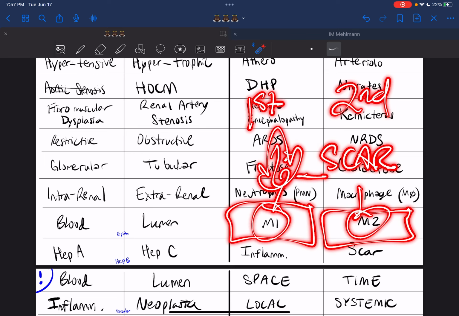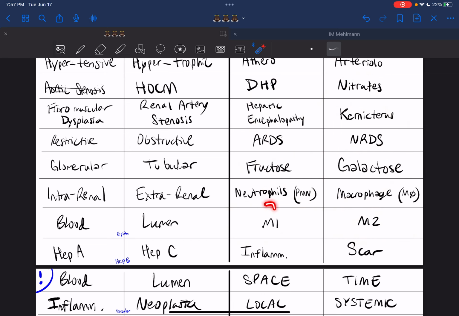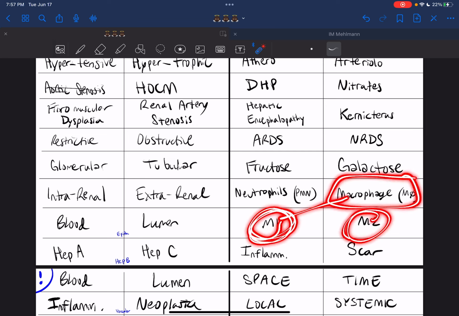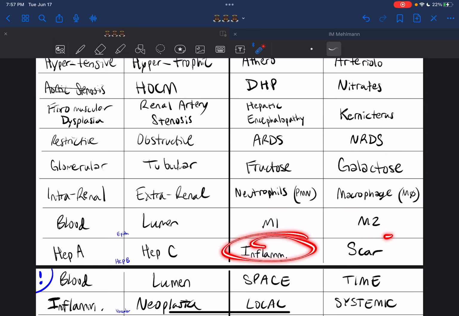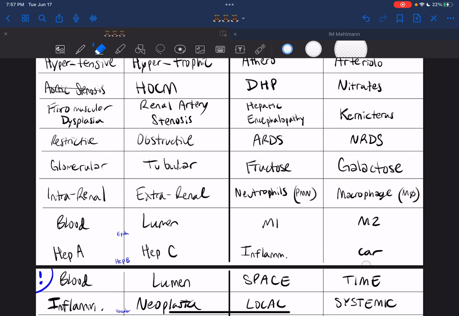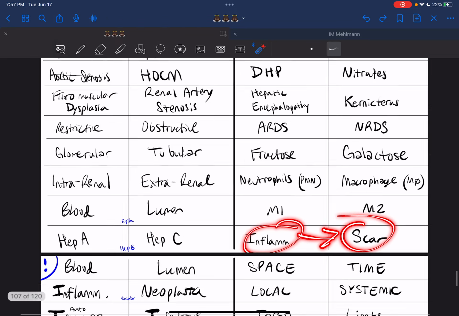Inflammation is always followed by scar. Inflammation first, scar second. So it's acute versus chronic. These are both chronic. This is like acute part of chronic. This is like chronic. And inflammation versus scar, one always follows the other. Inflammation is followed by scar.